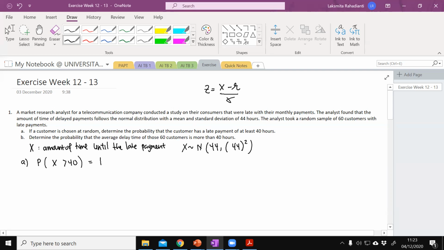So we do (40 minus 44) over 44, where 44 is the mu and also the standard deviation, which gives us P(Z larger than negative 4 over 44). Let's compute that real quick. That's Z larger than around negative 0.09.